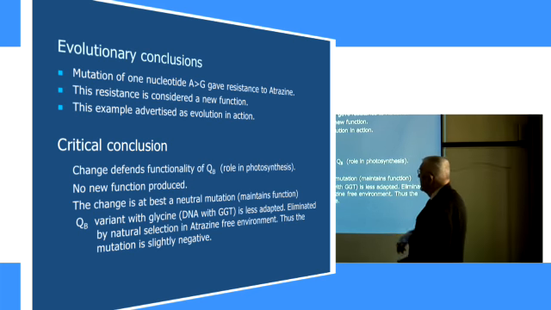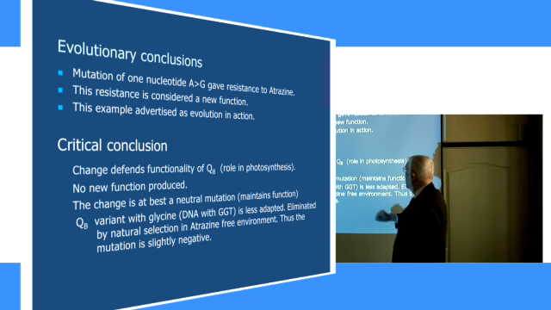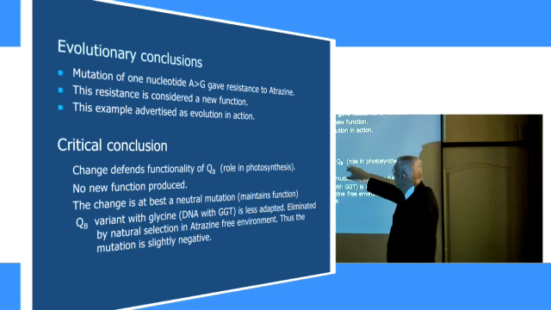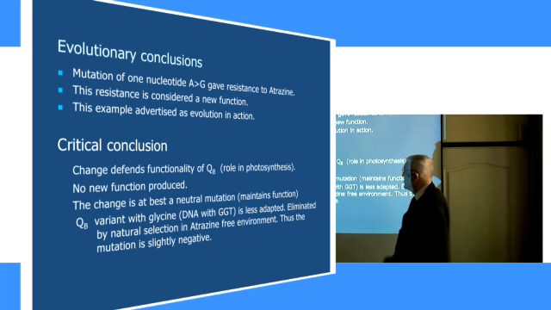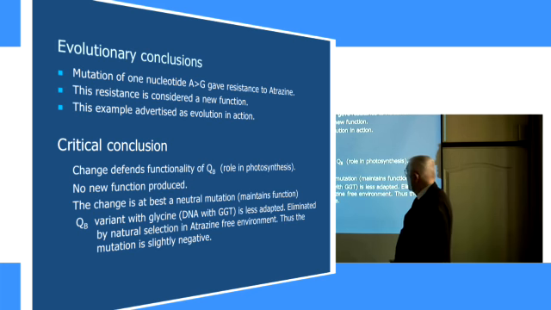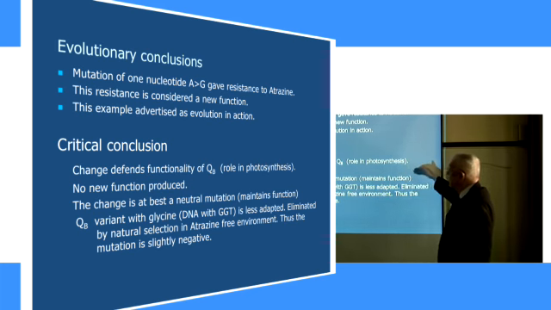The change defends the functionality of QB, its role in photosynthesis. No new function is formed. The function of QB is defended by this change. The change is at best a neutral mutation. It maintains the function that this protein is playing in photosynthesis.